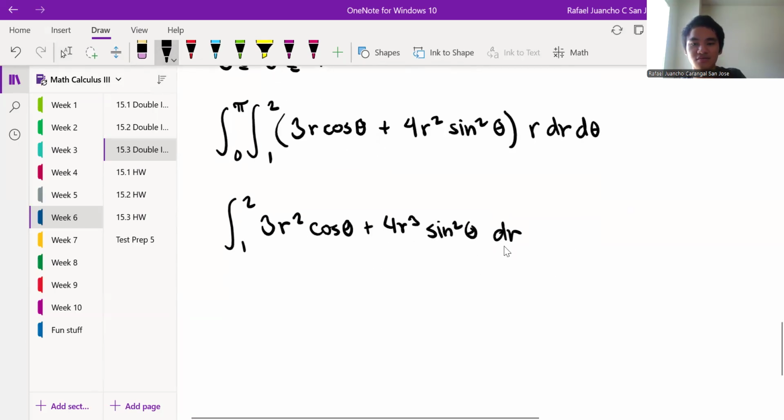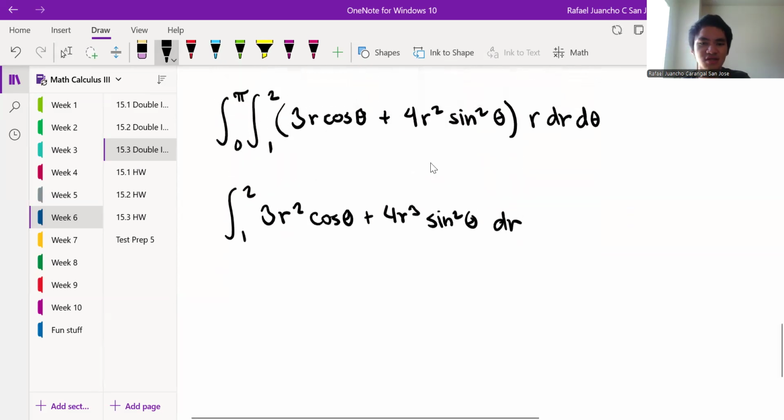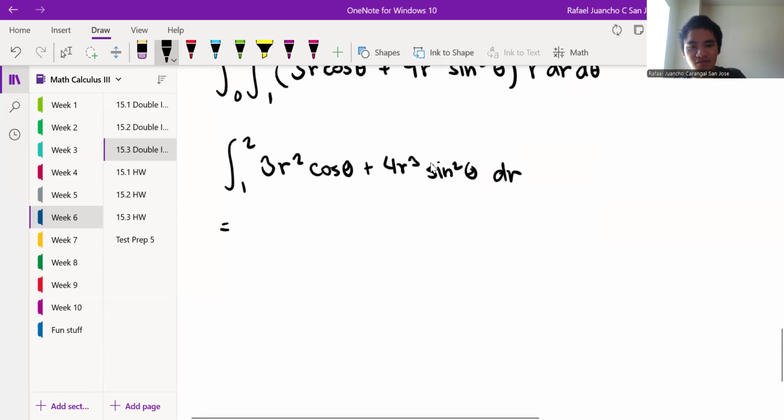Now we have dr, right? Now I multiplied all of the r's. Now with respect to r, what is this going to give me? So here I could factor out an r. Or actually, I think we just integrate here. Yeah, I feel like integrating might be our best course of action. So here I leave 3.